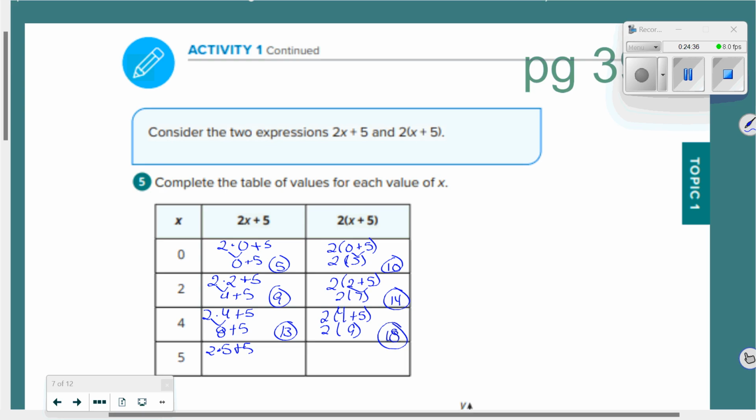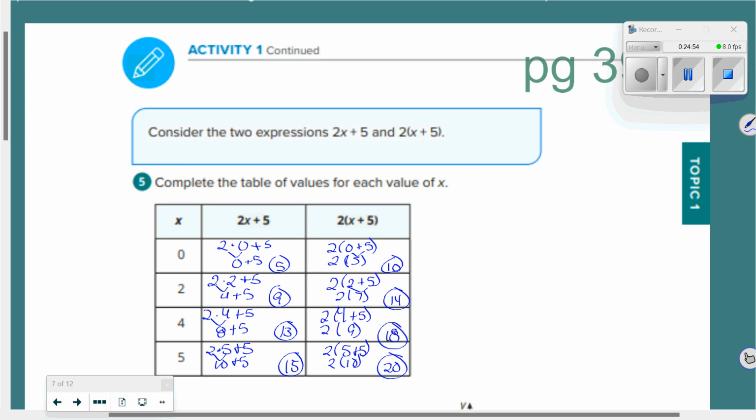Plus 5? And 5 plus 5? 10 times 2? So now I have all of my solutions to my expressions, yes?